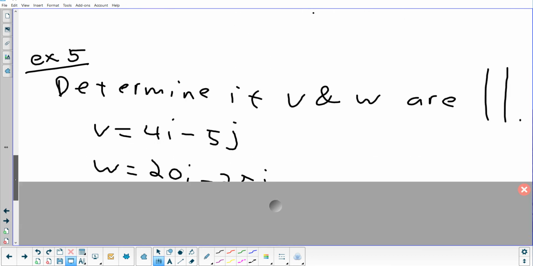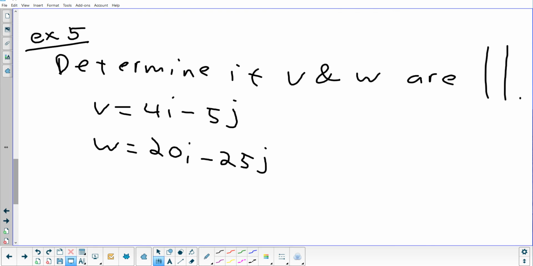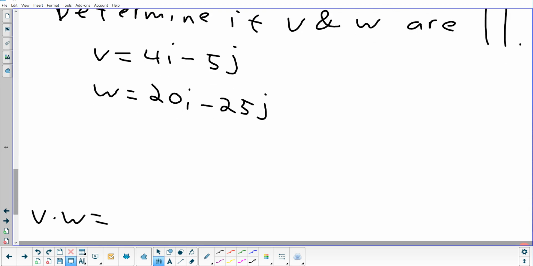All right, so let's determine if these two vectors are parallel. So we're going to need the numerator, we're going to need the denominator, so we might as well set this up like we're doing the whole problem. I'm just going to move this up. Okay, calculation for my dot product.